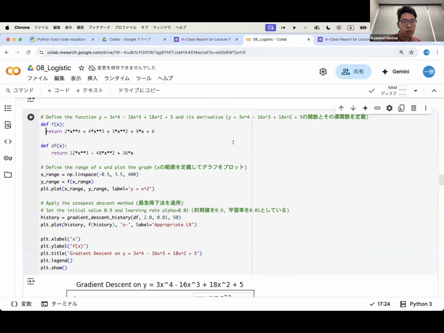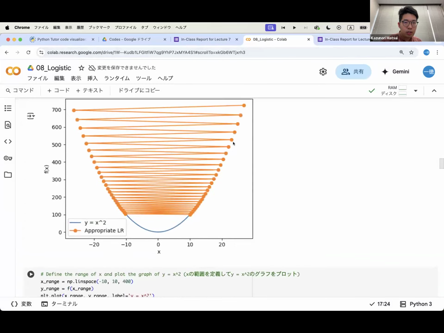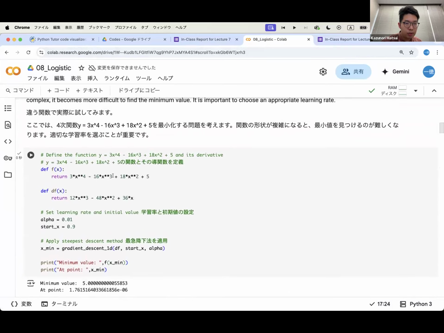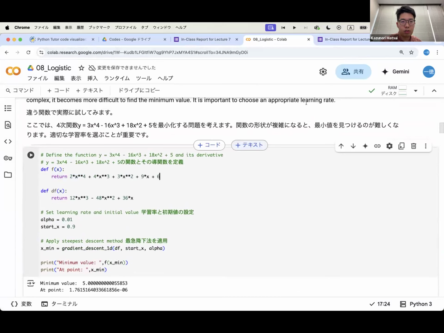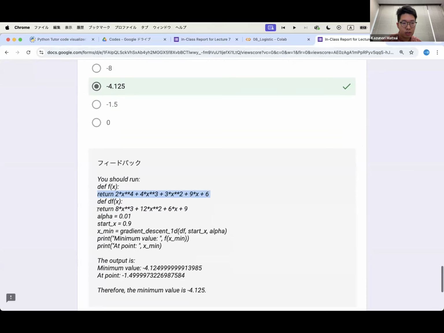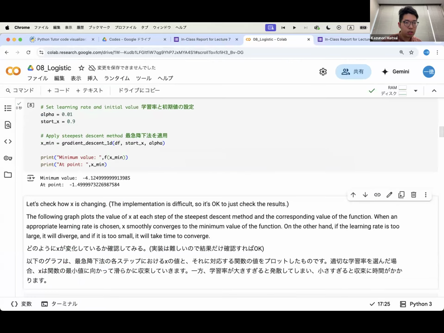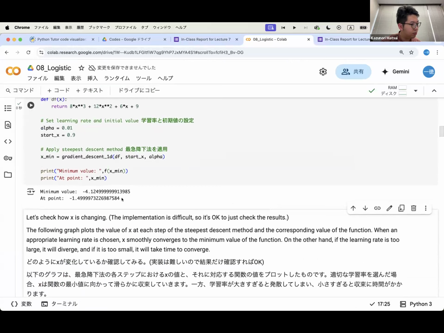Here, this part: this is f(x), this is the derivative.